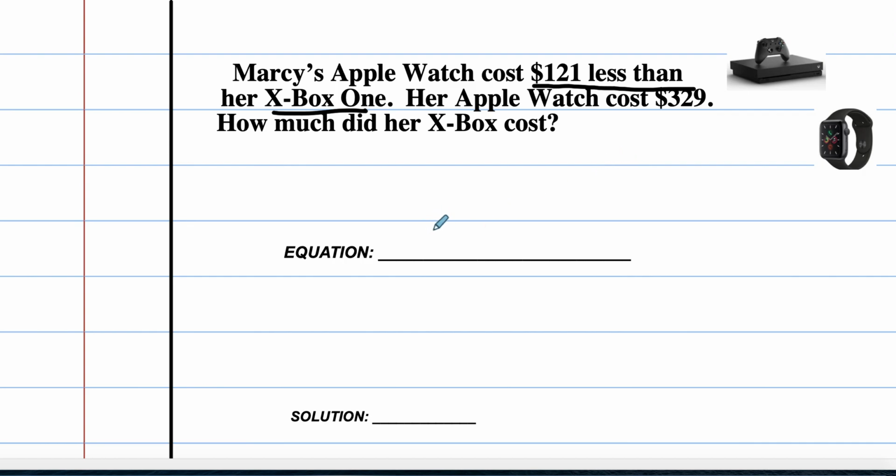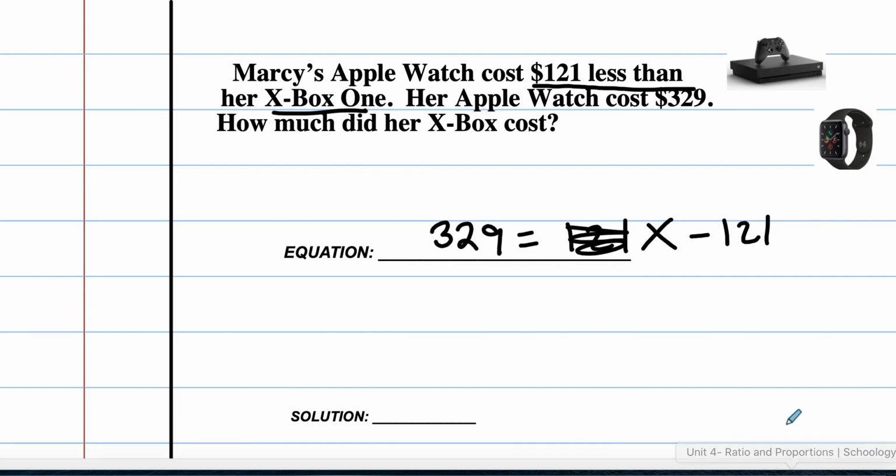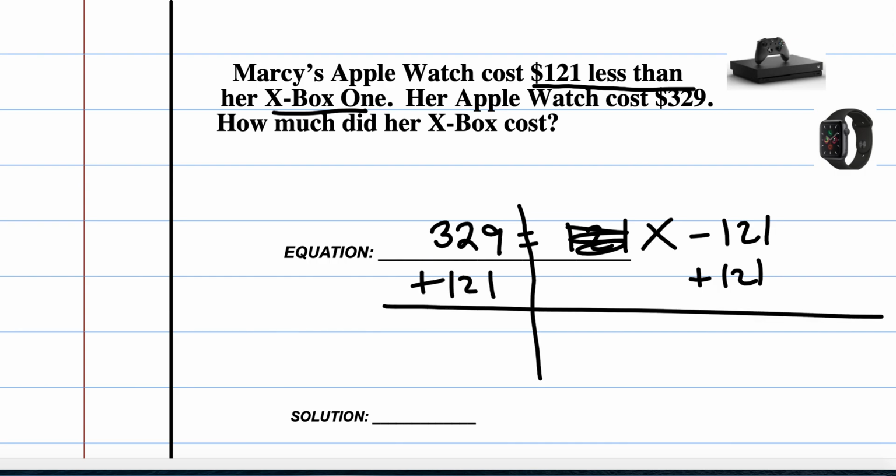So if the Apple Watch is $329, which is $121 less than her Xbox, we want to solve for the Xbox. So draw my line down. I would add 121 to both sides, and x will be $450. So her Xbox would be $450.